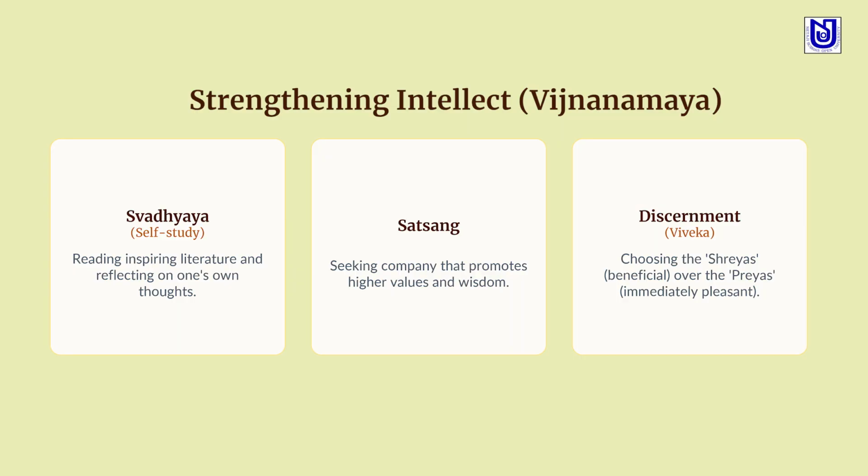Next, we can talk about strengthening our intellect, that is the Vijnanamaya Kosha. The practice of Swadhyaya or self-study or contemplation is one of the 5 niyamas of Patanjali's Ashtanga Yoga. It trains the buddhi, the discriminating intellect, and works directly on the Vijnanamaya Kosha. Through the cultivation of Viveka, discernment, we engage in structured self-observation, that is, noticing one's own patterns without judgment.